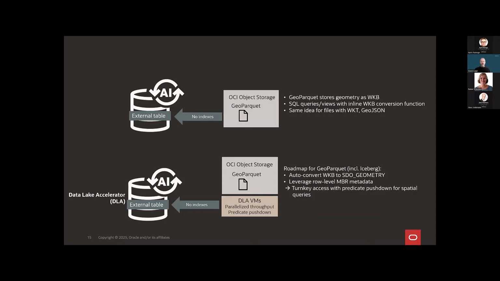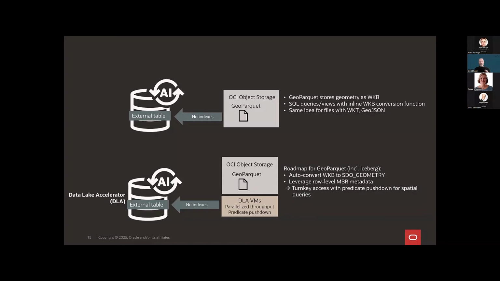And because of that, anytime we have a spatial query in that bottom picture, we're going to be able to do a whole set of primary filtering based on those bounding areas down in the storage layer through a predicate pushdown. So even if we have a terabyte of GeoParquet data and we're doing some spatial query on a small area, that whole primary filter eliminating 99% of the data is going to happen down in the storage layer, and then we'll work with the rest of the workload on that much smaller amount of data actually in the AI database.